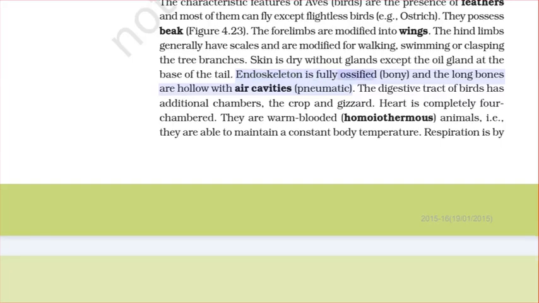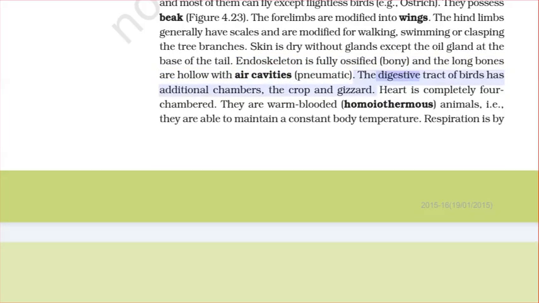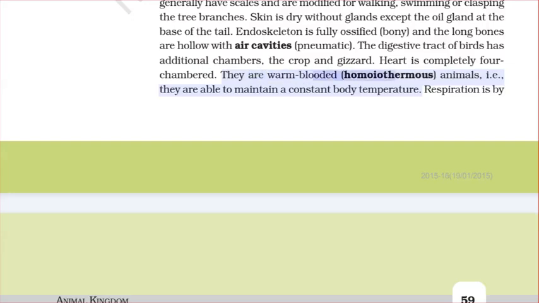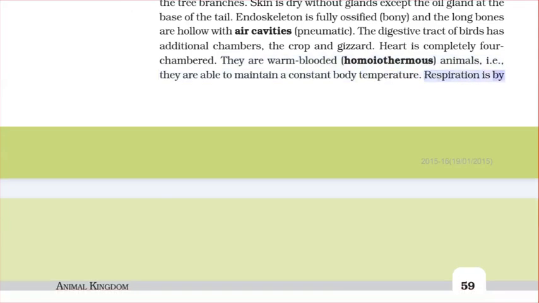The endoskeleton is fully ossified, bony, and the long bones are hollow with air cavities, pneumatic. The digestive tract of birds has additional chambers, the crop and gizzard. The heart is completely four-chambered. They are warm-blooded, homoeothermous animals, i.e., they are able to maintain a constant body temperature. Respiration is by lungs.